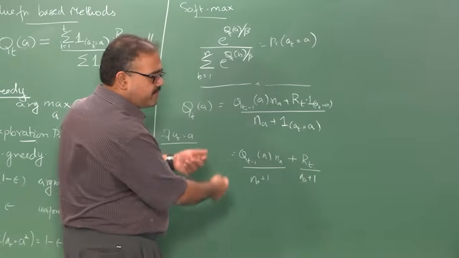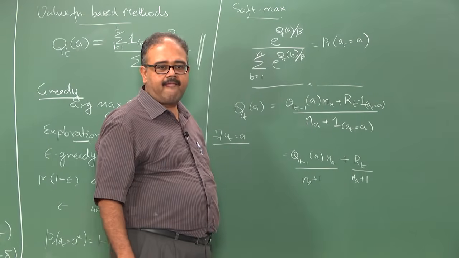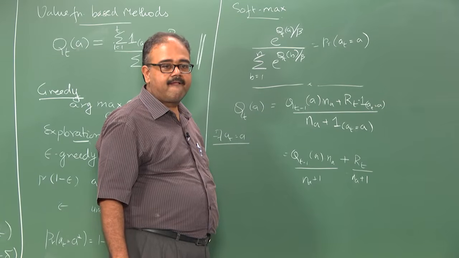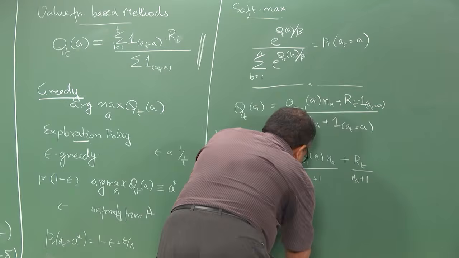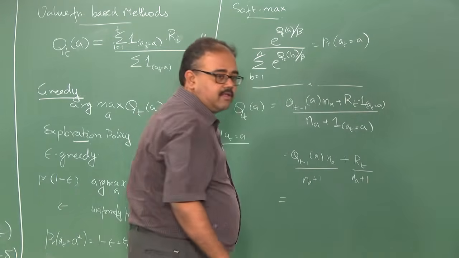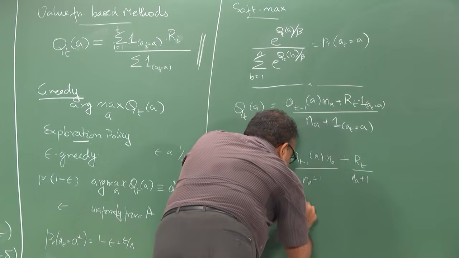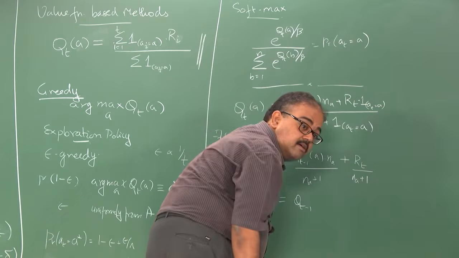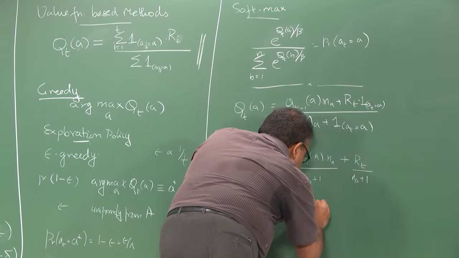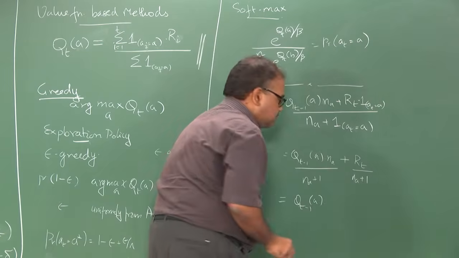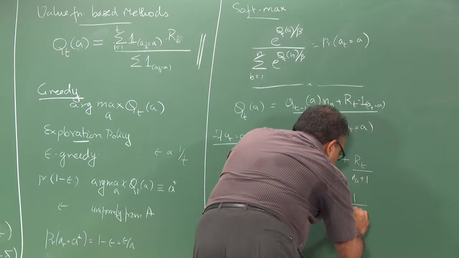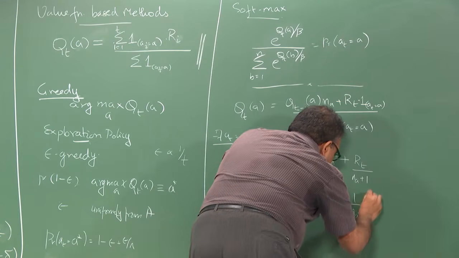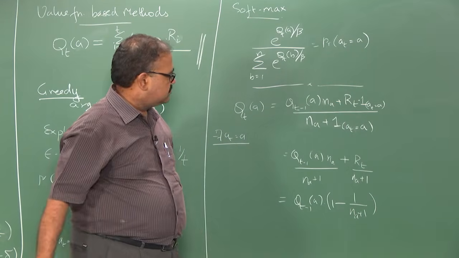Right, is there a different way we can write this? Go on. Qt minus 1 of A. Qt of A, okay. 1 minus of 1 by Na plus 1 plus RT.